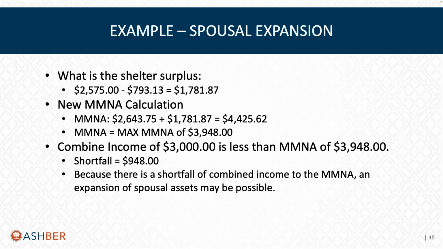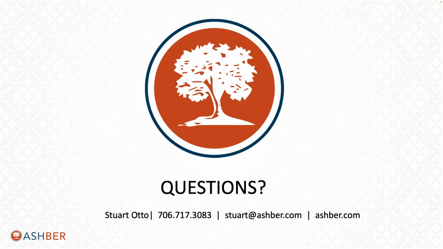I hope this highlights how important and impactful the shelter standard, shelter expenses, and the minimum monthly maintenance needs allowance might be, and how that can really impact your plan on a case-by-case basis. So I'll go ahead and turn it back over to Amber, and we can field some questions that may have come up at this time.